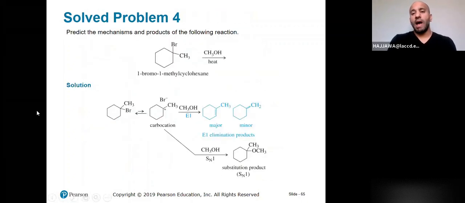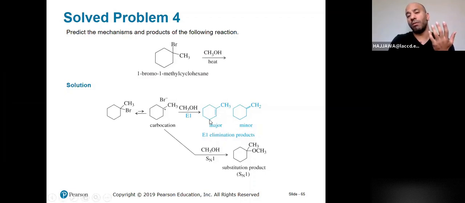More examples. So I have a tertiary alkyl halide, an alcohol, which is a weak base, and heat. What does this sort of condition indicate? If I have a tertiary alkyl halide, alcohol, which is a weak base, weak nucleophile, and heat, this is the condition to give me an E1 pathway. So you will always form a carbocation, and that carbocation will end up giving you the major alkene to be the Zaitsev alkene.